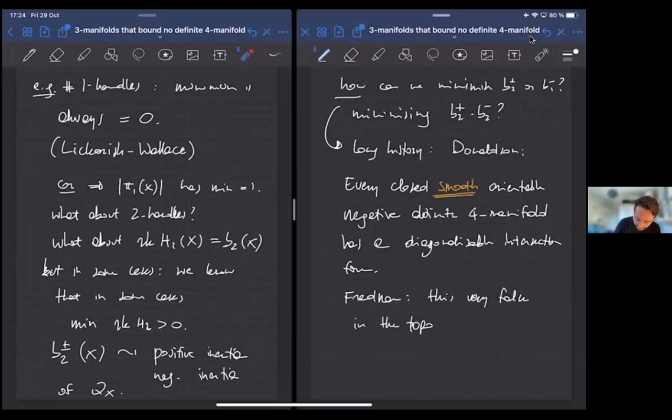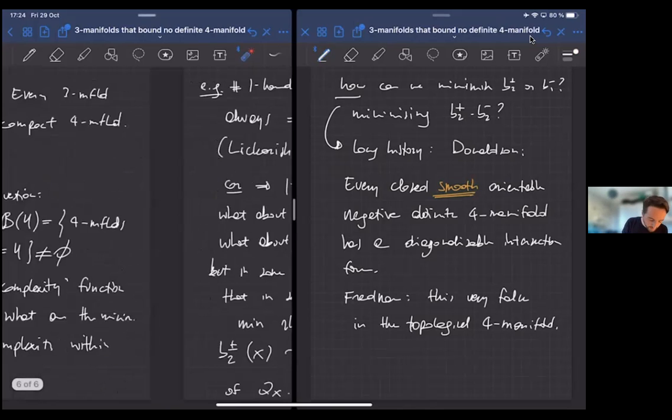So if we only have a topological 4-manifold, then the previous statement is false, and is false in a very, very strong way, in the sense that any unimodular lattice you want can be the intersection form of a closed topological 4-manifold. And there are plenty of definite lattices that are not diagonalizable.